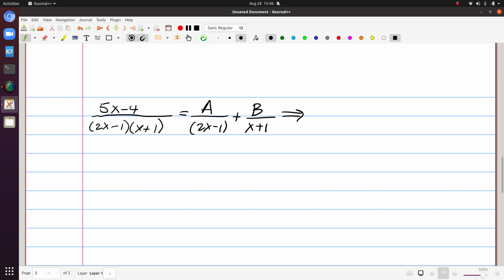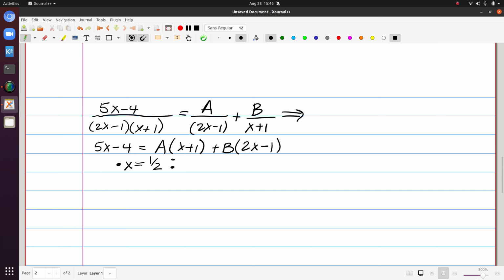Again, I multiply both sides by the common denominator, and this gives us 5x minus 4 equals A times x plus 1 plus B times 2x minus 1. We plug in our root values of x, one of which is 1/2.